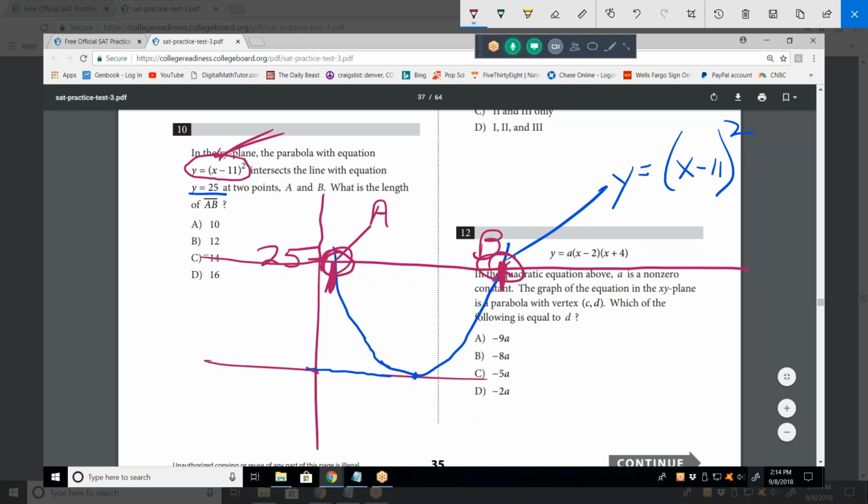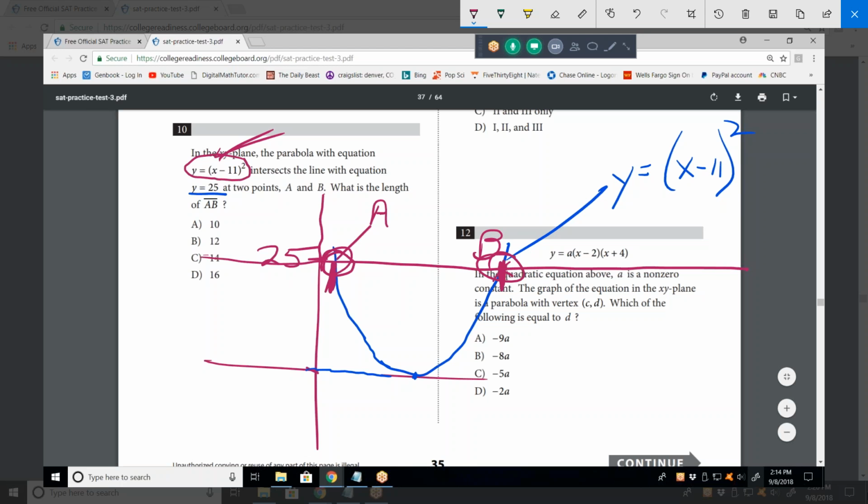So how do I know where point A is? When you're looking at two functions graphed, and you're trying to figure out where they intersect, what do you do? You set them equal to one another.